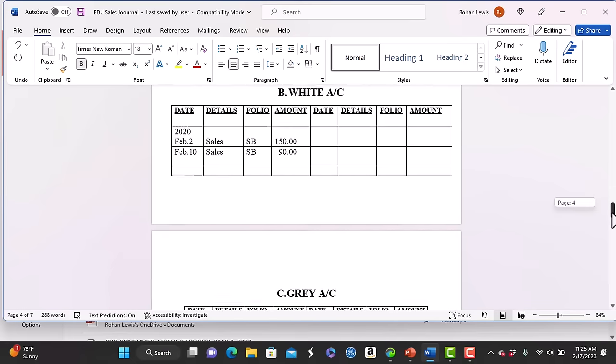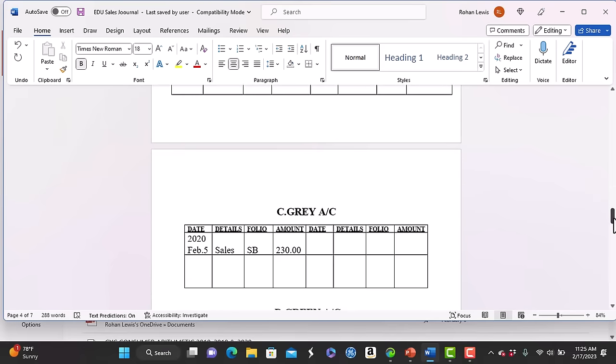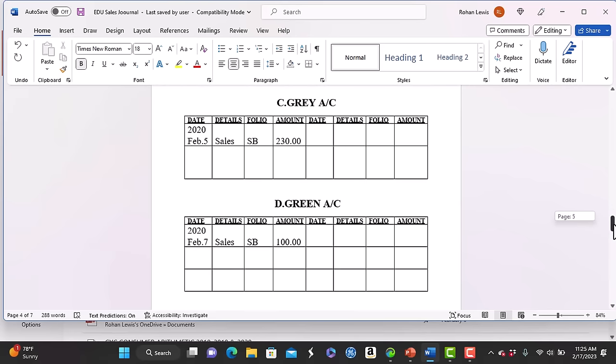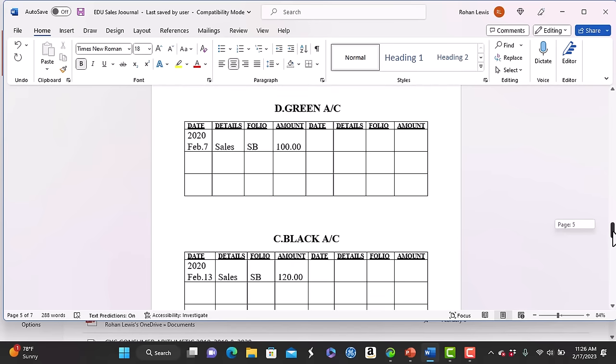Then we move down the line to C Gray's account. On February 5th, detail sales folio SB, amount $230. And then we move down the line to D Green's account on February 7th, detail sales folio SB, the amount $100. And then the final account was C Black's account on February 13th, the amount $120, detail sales folio SB.